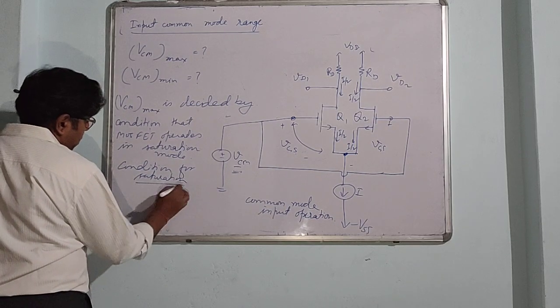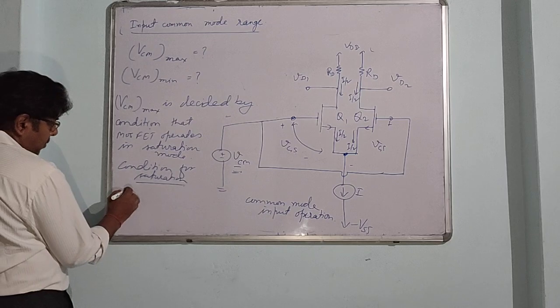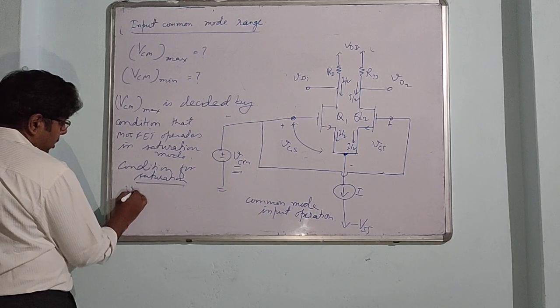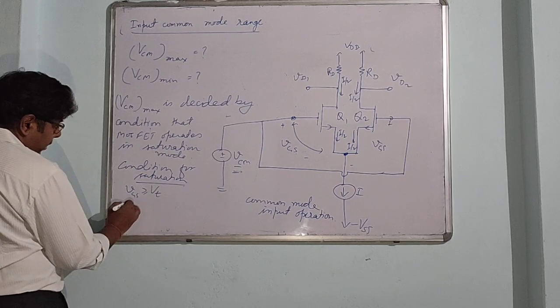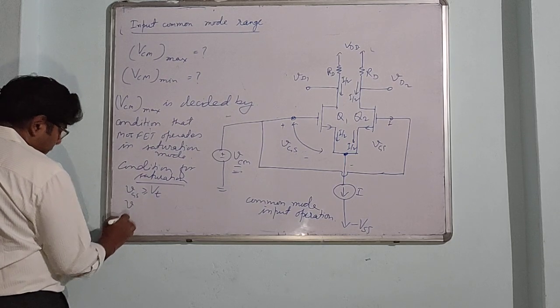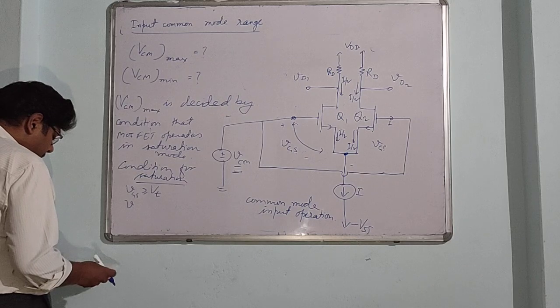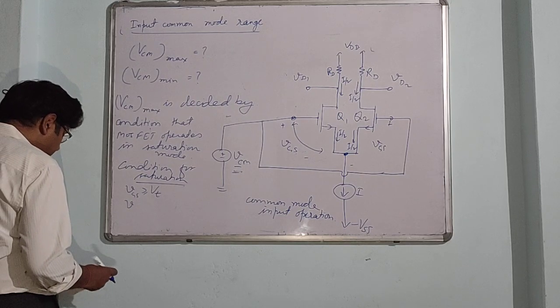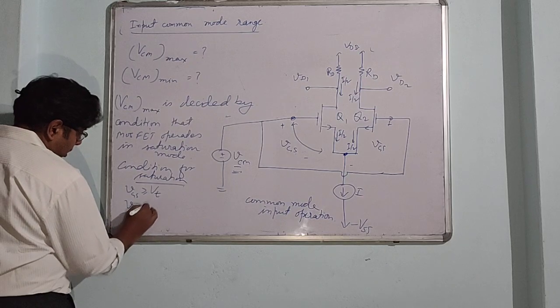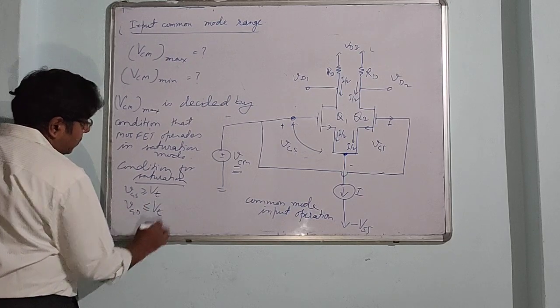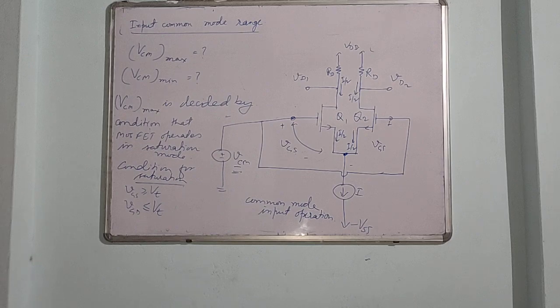We have two conditions. First is the necessary one, that is VGS, gate to source voltage, must be greater than VT, and the second condition is VGD must be less than or equal to VT.